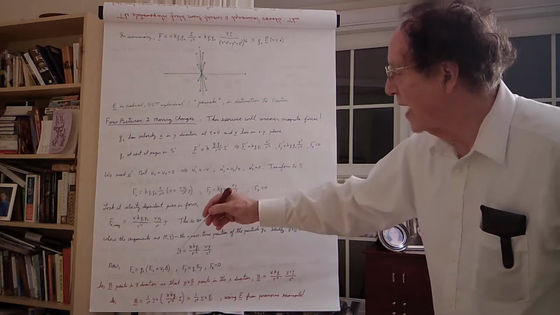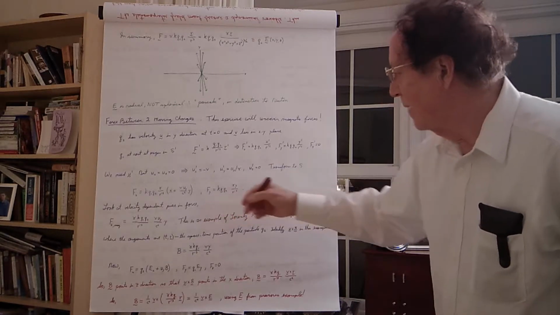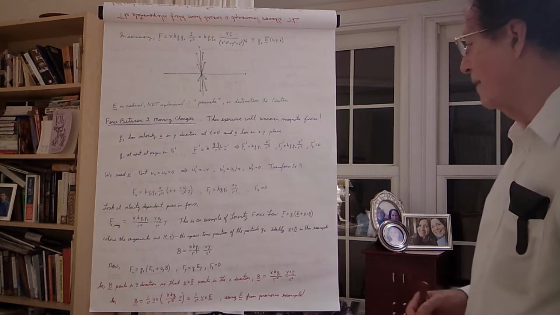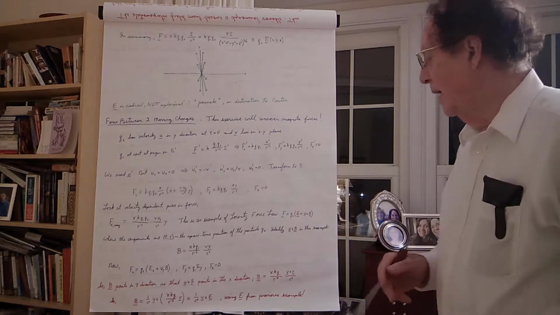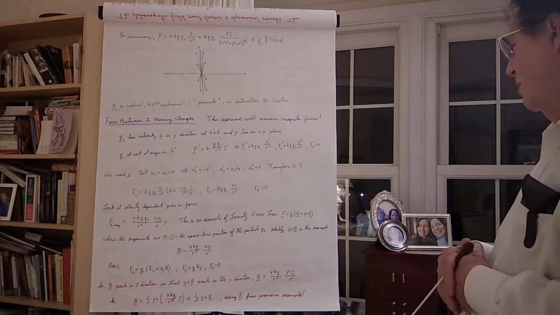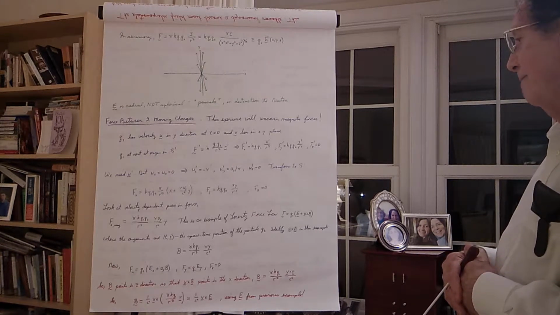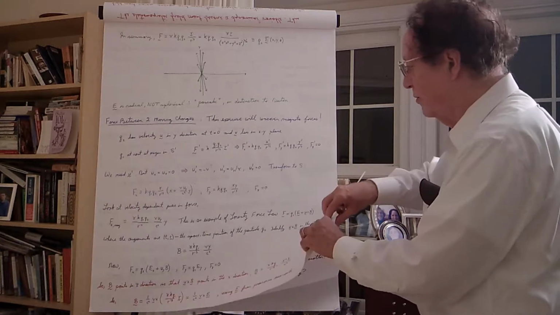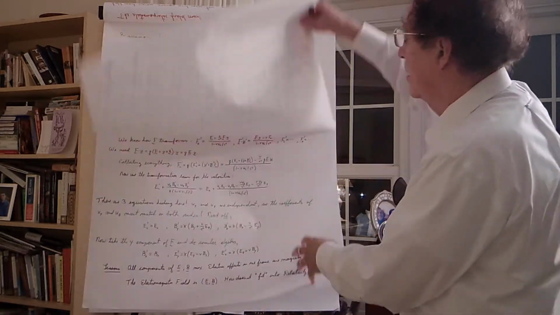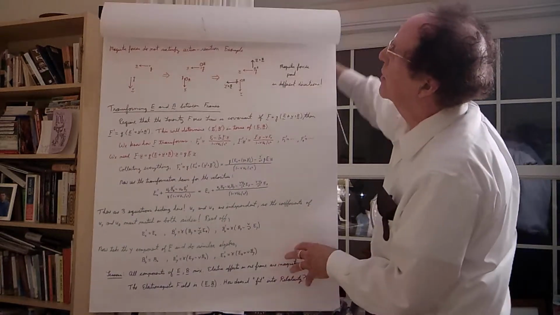And so I see the magnetic field in the frame S is equal to 1 upon c squared times v cross E, where v is the velocity of the source. So that's an interesting result, which has lots of implications.